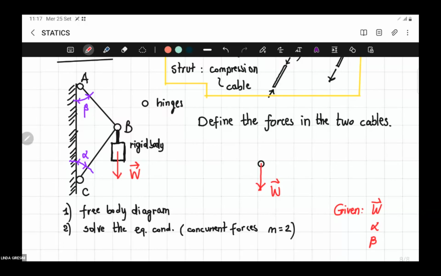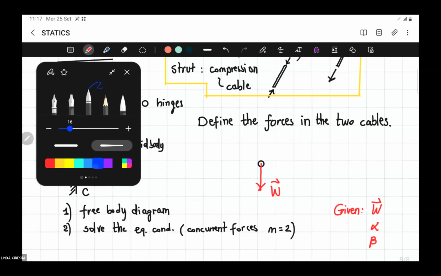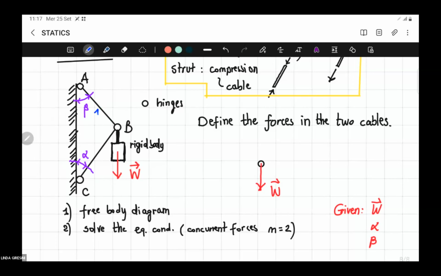Since we know alpha and beta, then automatically we know the line of action of the first cable and the second cable, one and two.